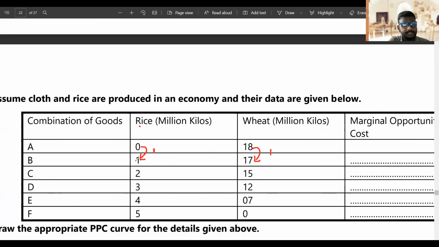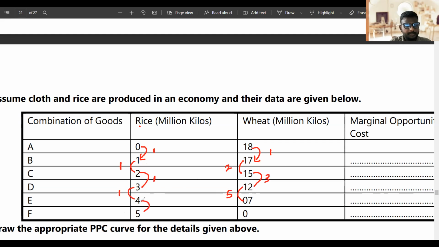Next time, when you increase rice production again by 1 unit, you are losing 2 units of wheat. From 2 to 3, again you are increasing rice production by just 1, but wheat production drops by 3 units. Again, only 1 unit increase, but this time a 5 unit drop.